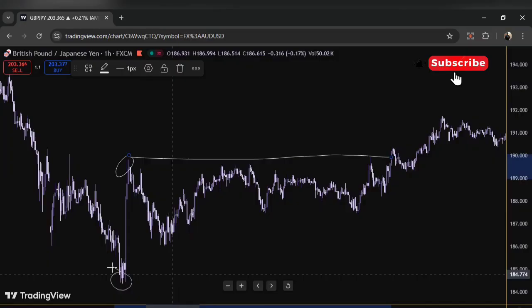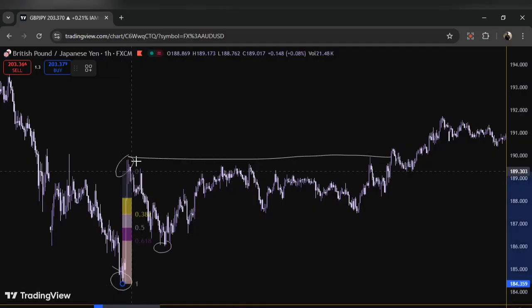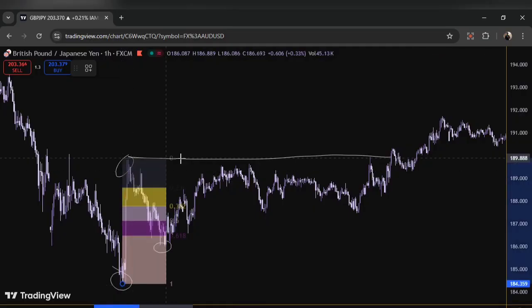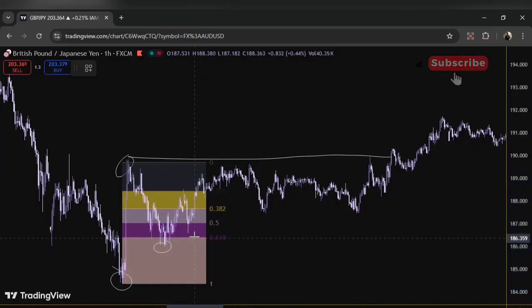Now if we were trading with our Fibonacci tool, we can tell that we are in a bullish market, right? And can you see this pullback? Right, now let's connect our Fibonacci tool from this swing high to this swing low and see at what Fibonacci level price traded up to. Can you see that price traded up to the 0.618 zone?